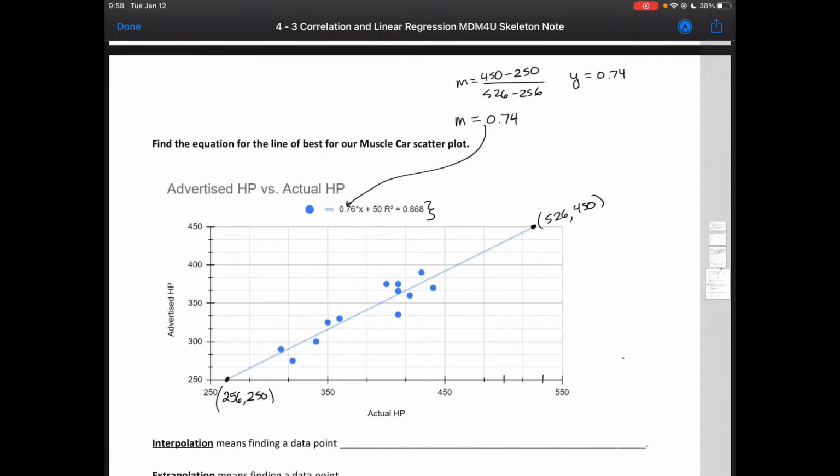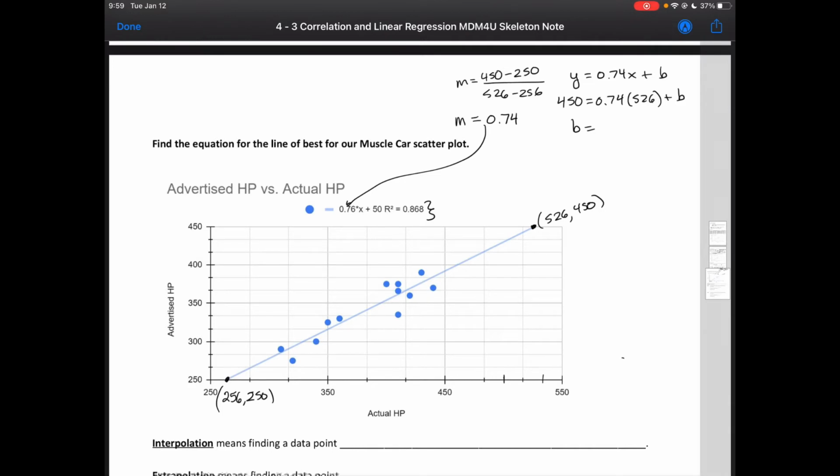Then I'm going to find my y-intercept. I've got y equals 0.74x plus b. I'm going to substitute in my second point: 450 equals 0.74 times 526 plus b.